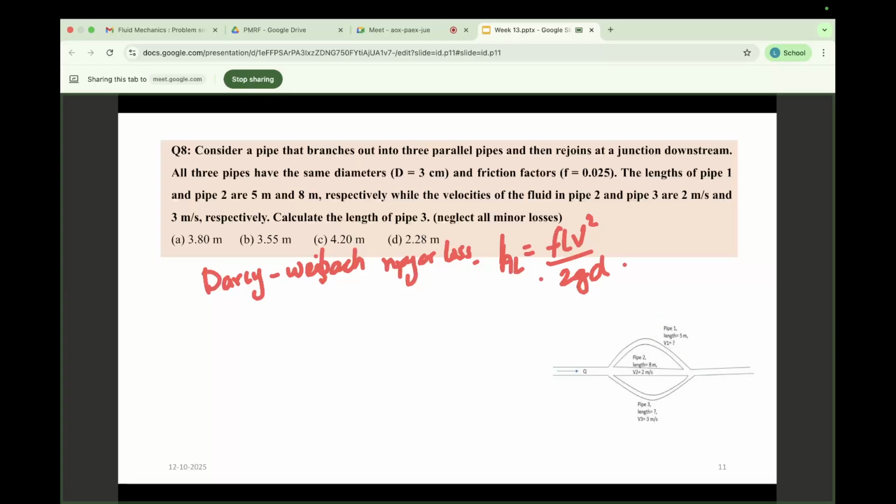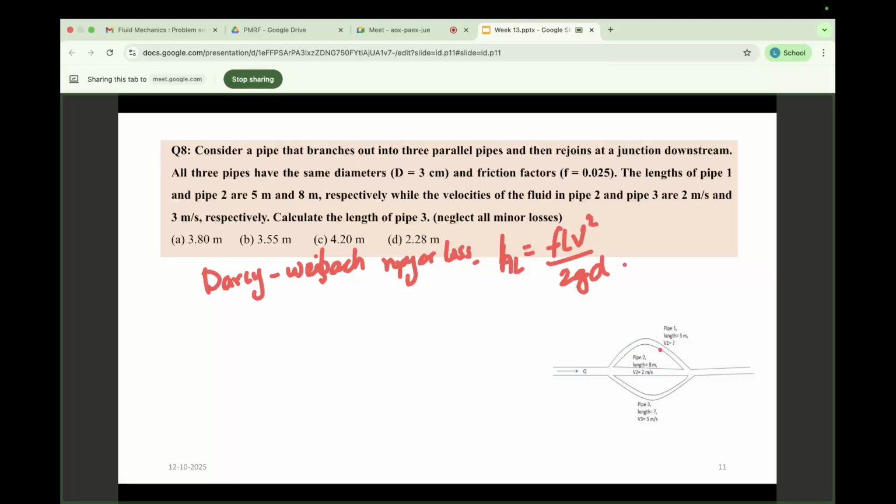Where HL is the head loss, right? In the parallel flow, the head loss should be the same. So whatever may be the head loss here and whatever may be the head loss here, they should be the same. So our objective should be equal or balanced.